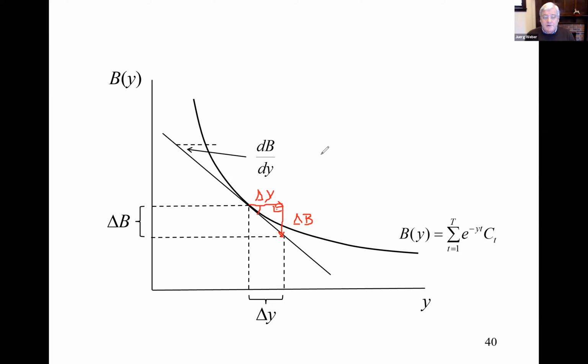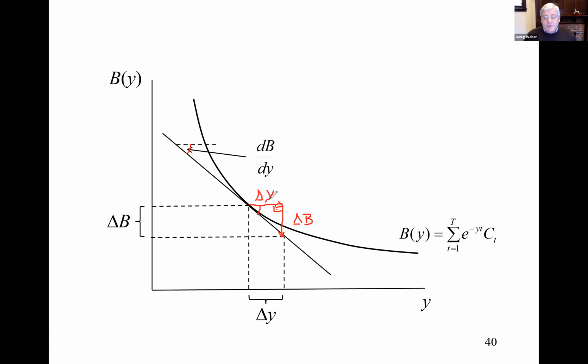That's just from the geometry. The tangent of this angle is just this negative rate of change. That's equal to the first derivative of the straight line. So if you divide delta B by delta y, you get the first derivative of the straight line.